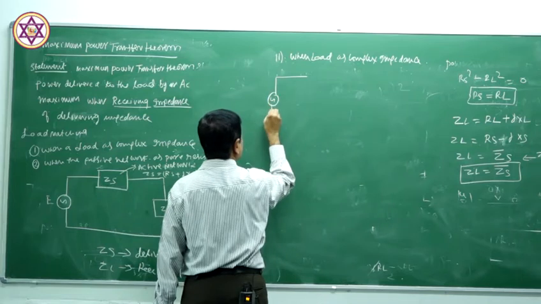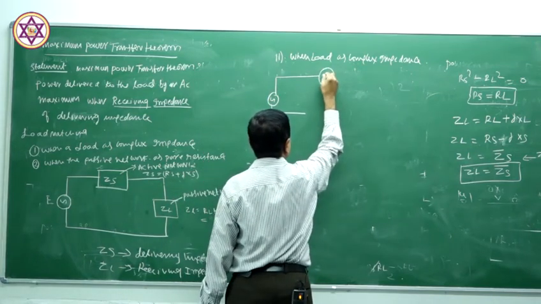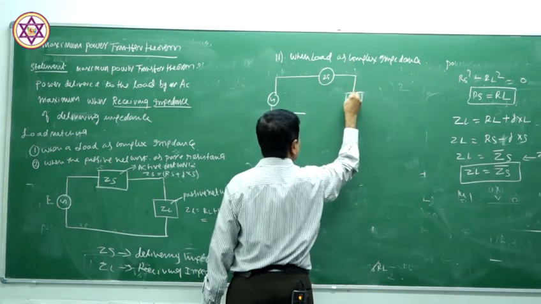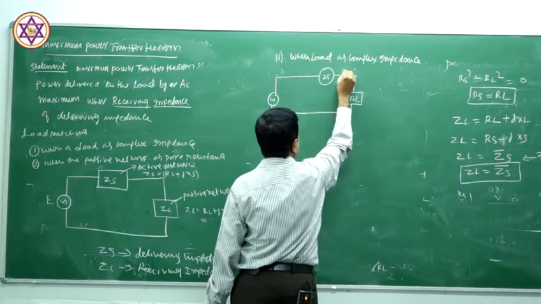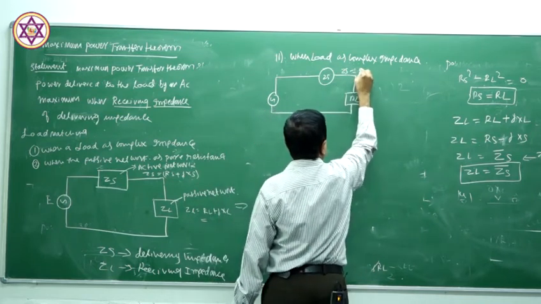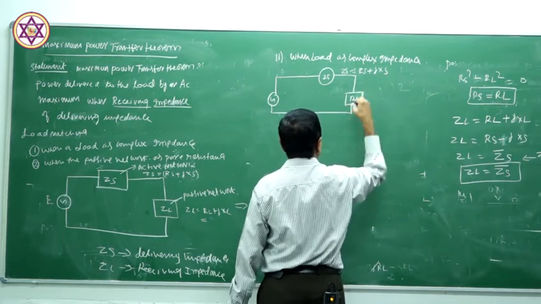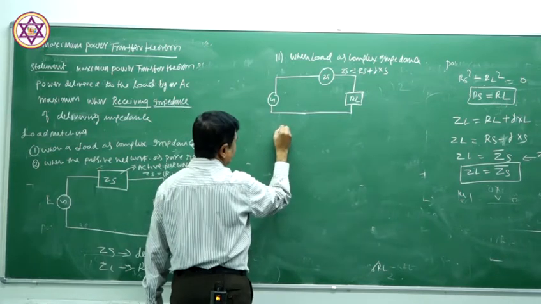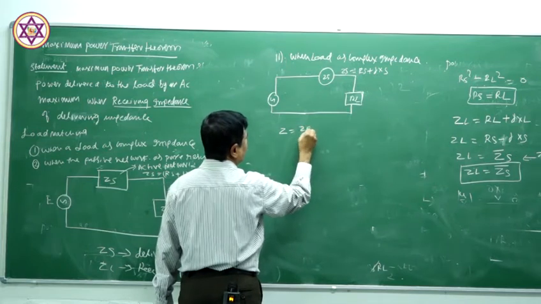This is the source and this is ZS, and this is RL. ZS is RS plus JXS, and the total impedance is equal to ZS plus RL.